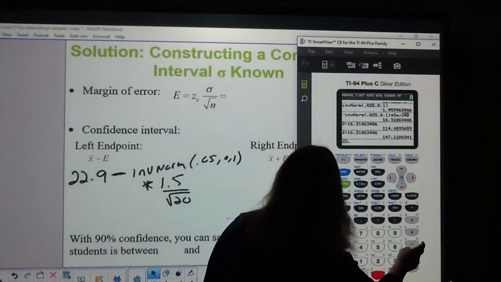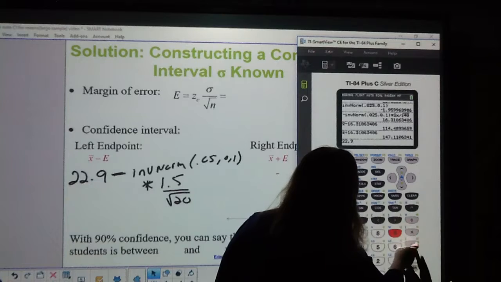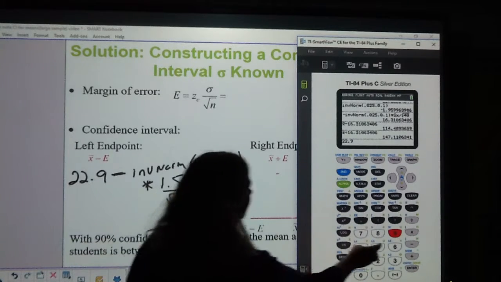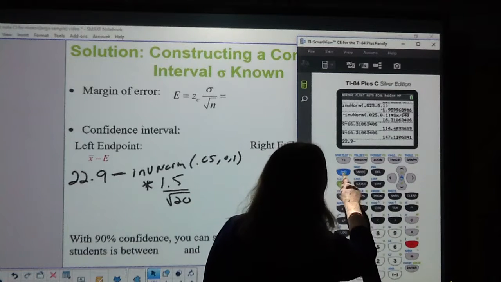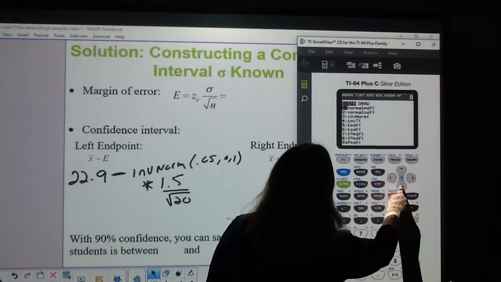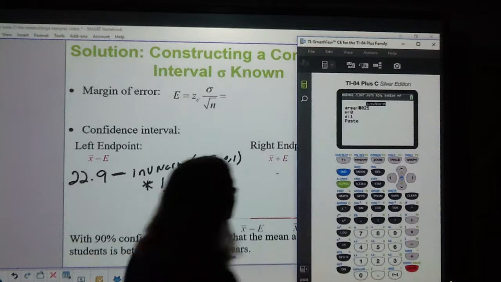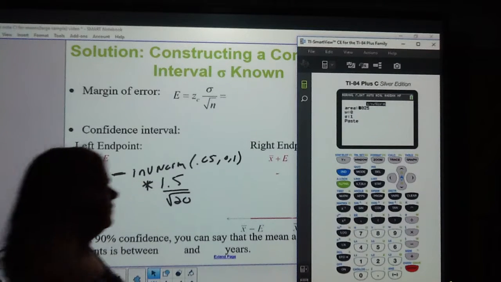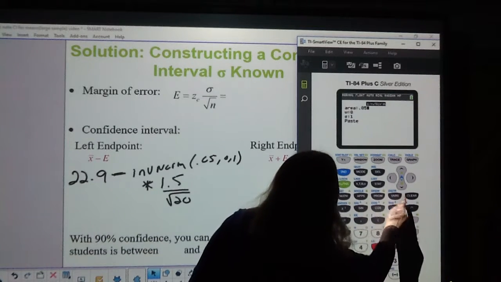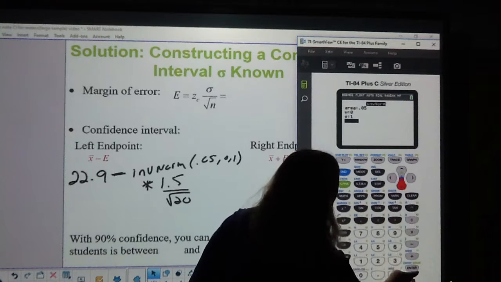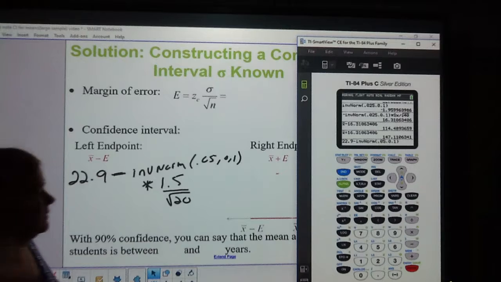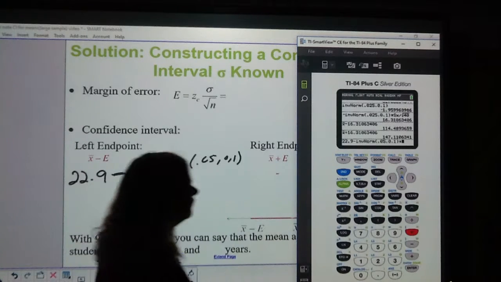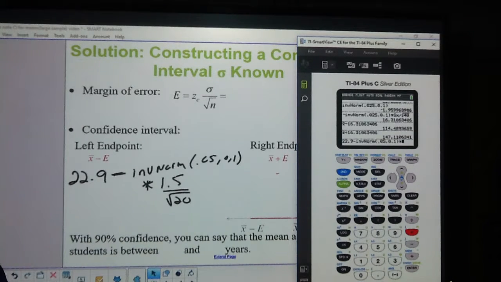22.9 minus inverse norm. We get that from distributions. Inverse norm, 0.05. And there's my inverse norm, times, and I'm going to put it in a fraction this time, just so you get used to using fractions if you want to.